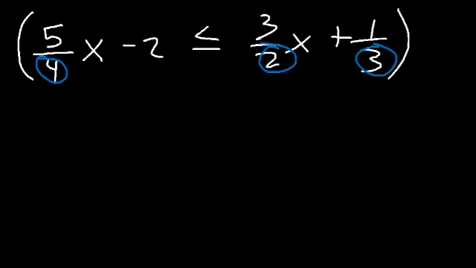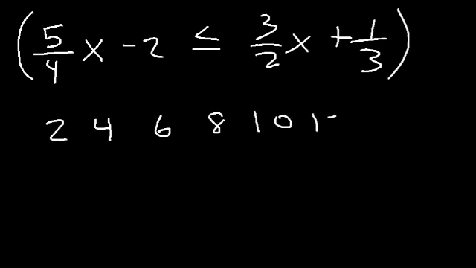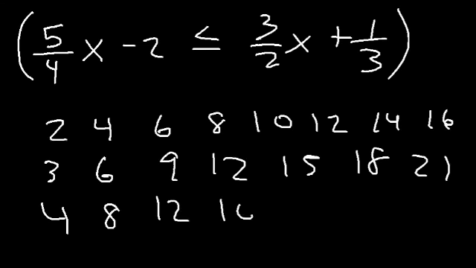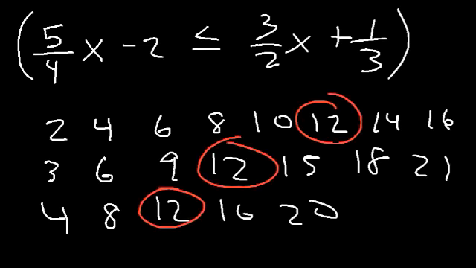What is the least common multiple of 2, 3, and 4? Multiples of 2 are 2, 4, 6, 8, 10, 12, 14, 16, and so forth. Multiples of 3 are 3, 6, 9, 12, 15, 18, 21. Multiples of 4 are 4, 8, 12, 16, 20. The least common multiple is 12.